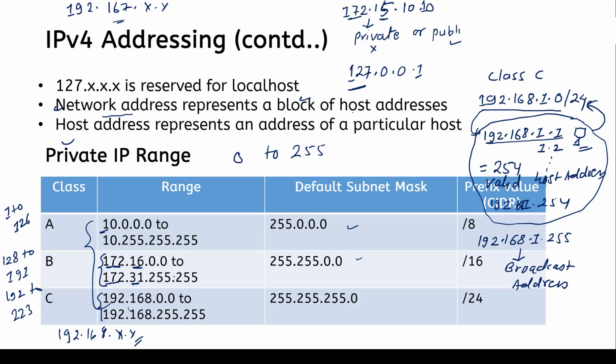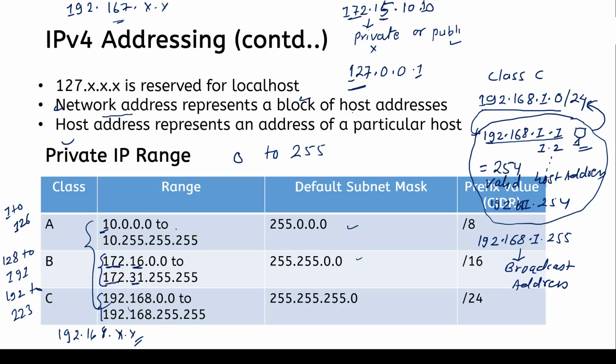Now I hope you guys are clear about the IPv4 address and private IP ranges. This is very important to remember: the overall range of class A, class B and class C IP addresses, and the private IP ranges out of them which are reserved for assigning IP addresses in the local area network or the LAN, or they are called the private IP addresses.